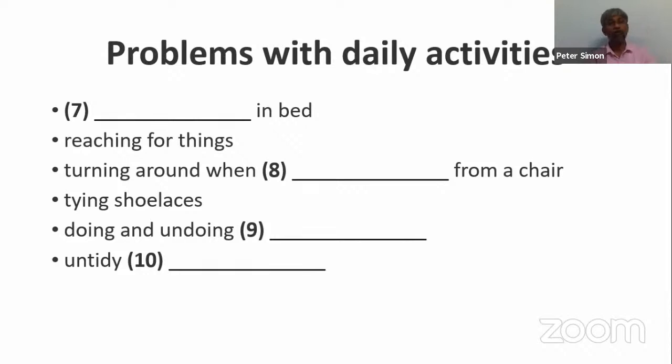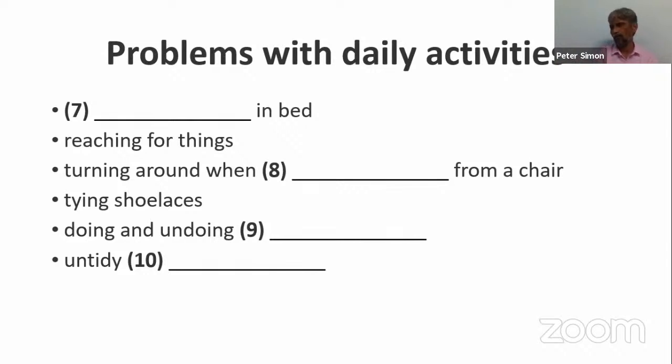Okay, fine. Tying shoelaces. He has a problem tying shoelaces. That's not important for him. Doing and undoing some things. Doing something. Doing is a verb, and a verb has an object. Doing something, undoing something. Maybe dressing and undressing.